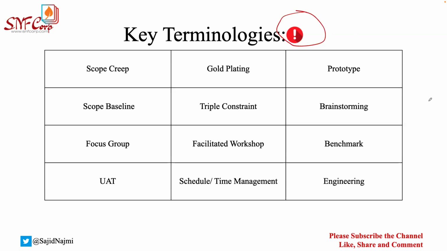So you have to memorize these terms so that you're not feeling lost when somebody says there was a scope creep. Sorry about the tongue twister. You should not be confused. If someone is using the word gold plating, you should not be confused, wondering what is this guy talking about when he says gold plating? So you should be aware of all those things. Now, if you don't know, I've already spoken about them in the previous classes. You go and see the video. You will learn more about all those things.